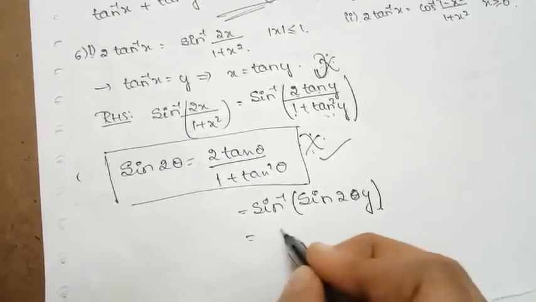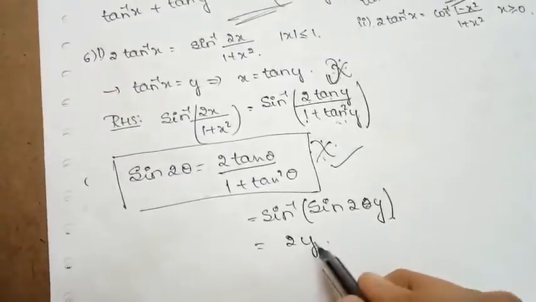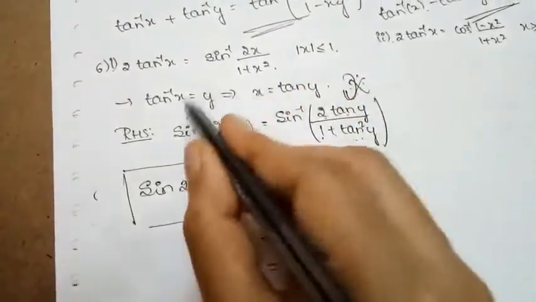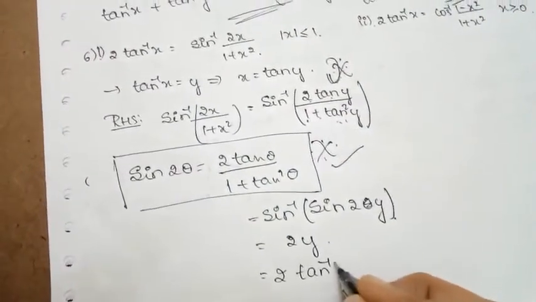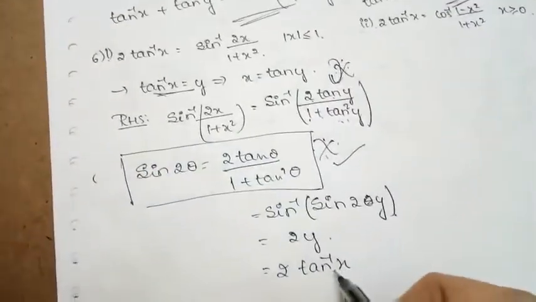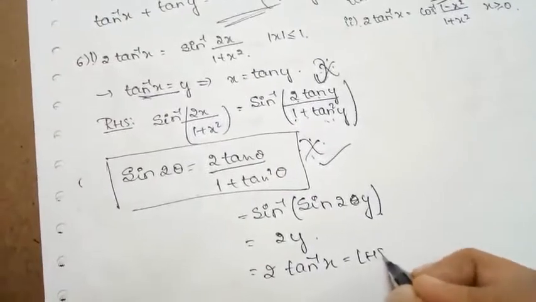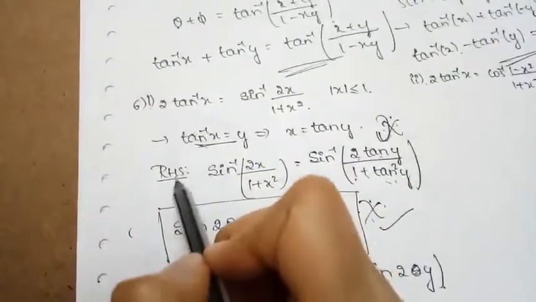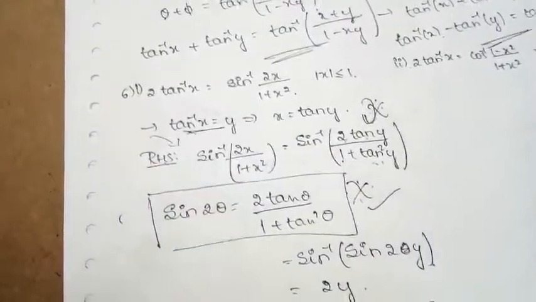So sine inverse of sine 2y, which is the property we learnt in the beginning, becomes what? 2y. So what is y here? y is nothing but tan inverse of x. So 2 tan inverse of x, not y, because y is equal to tan inverse of x, which is nothing but our LHS. So we began the proof of this property from the RHS to the LHS.